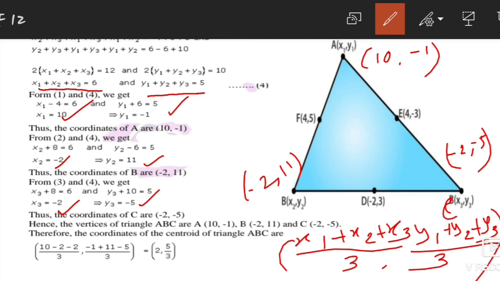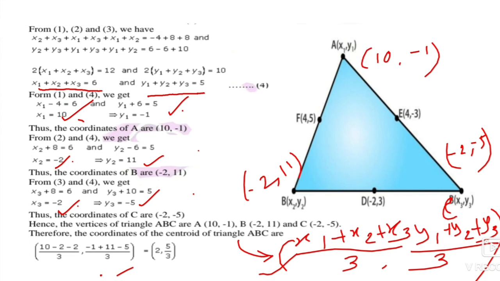That means the sum of the x coordinates of the vertices by 3, and the sum of the y coordinates of the vertices by 3. So you got the values of x1, x2, x3, y1, y2 and y3. Put them in this formula, you will get the coordinate of the centroid as (2, -5 by 3). In this way you have to solve this question.